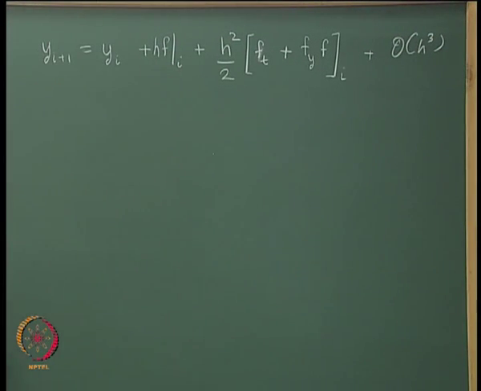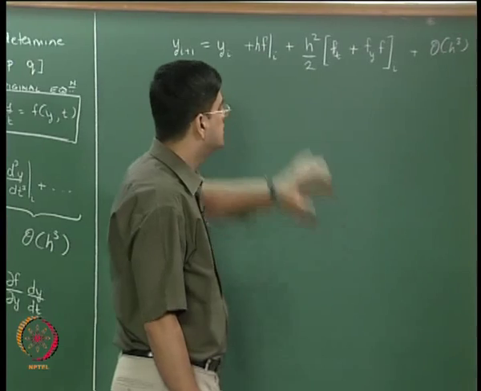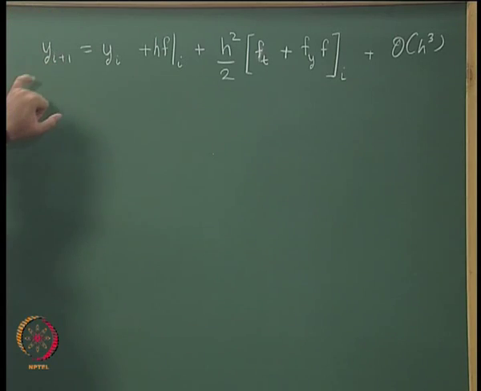Okay, what I have done is I have just written down this particular expression all over again. Okay, so this is the Taylor series expansion for the true value at yi plus 1.